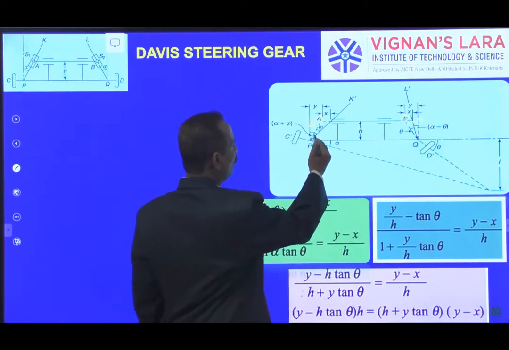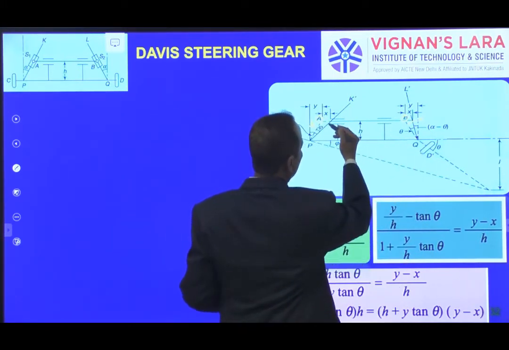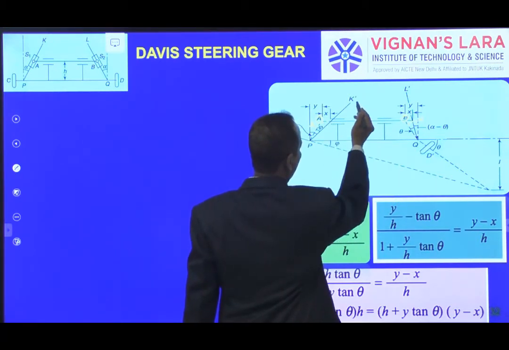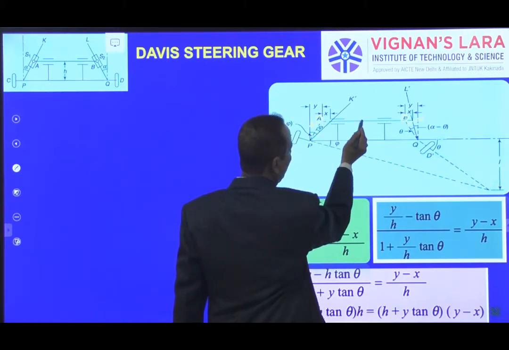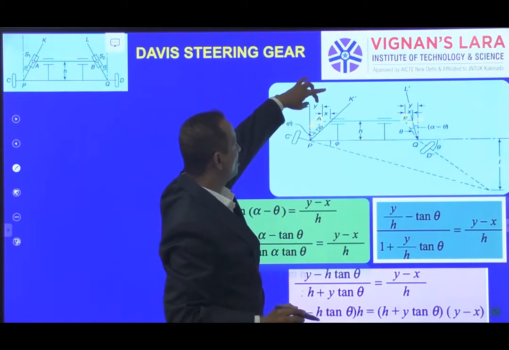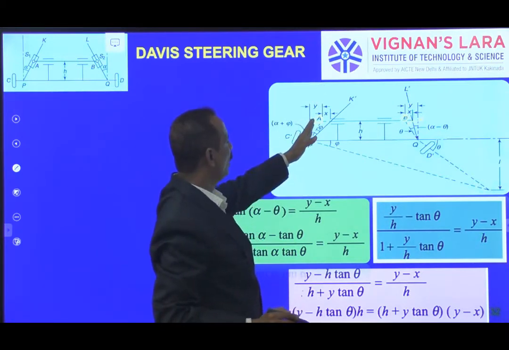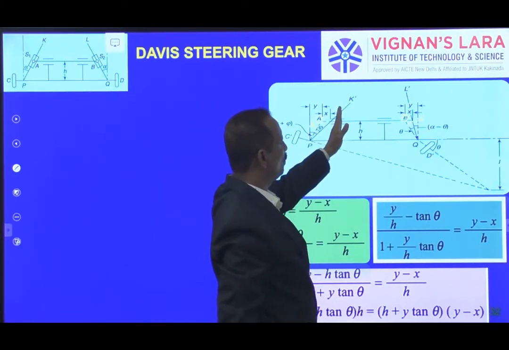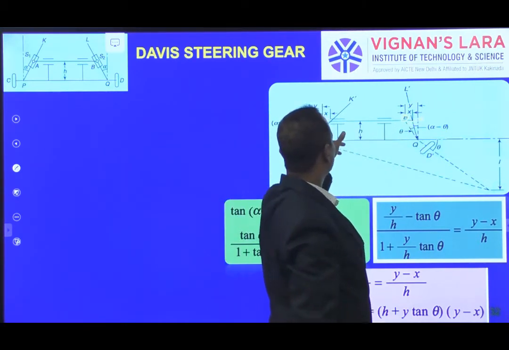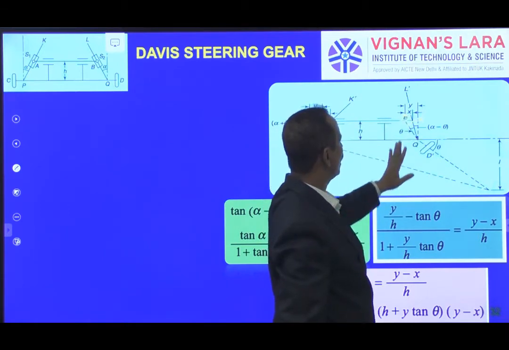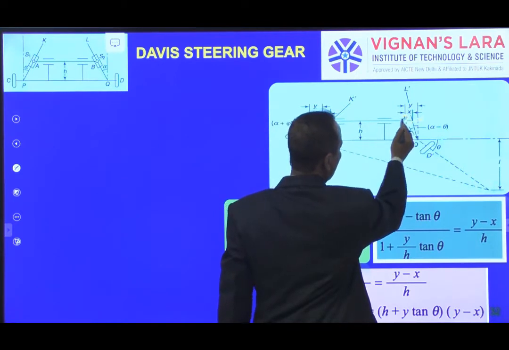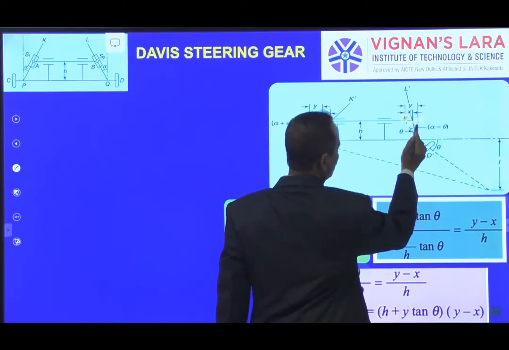The link is shifted towards the right and displaced by an amount X. Initially this displacement is Y from the vertical, and now it is shifted to a displacement of X. This is also initially at Y. When it slides an amount X, this also slides an amount X.